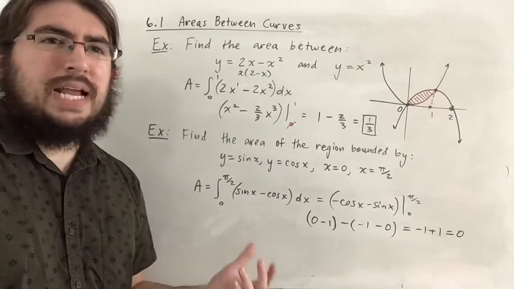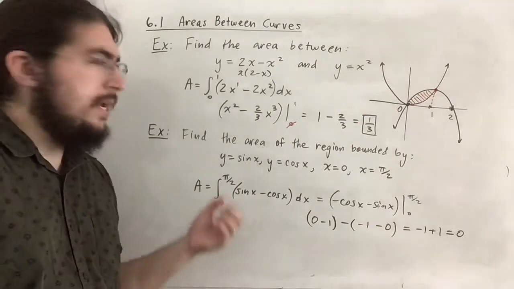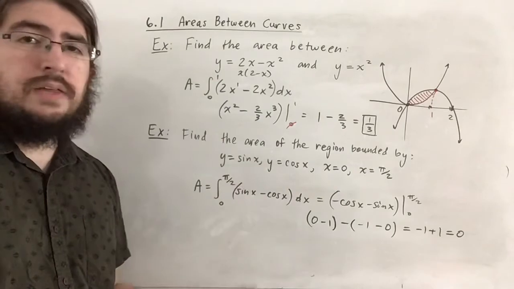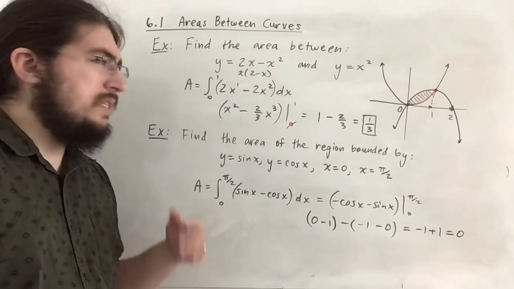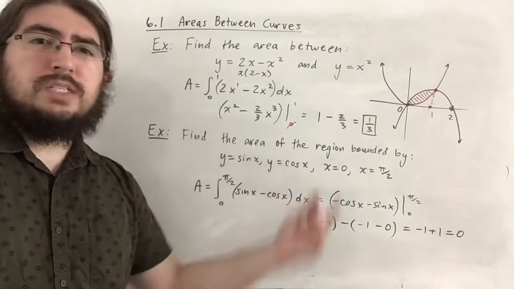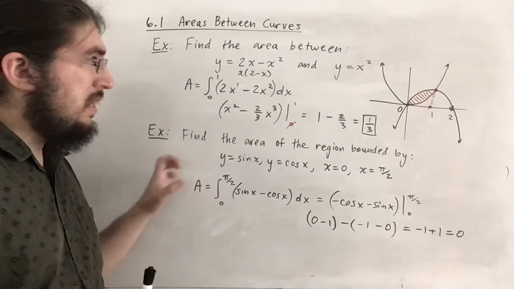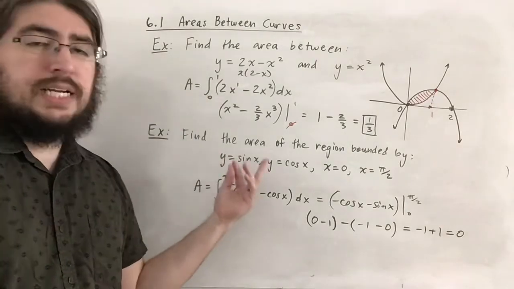But how can there be a negative area involved when I said the area will always be positive? Essentially what's happening here is that one of the functions is on top in one region, so you'll have one minus the other, but then on the bottom in another region in between these two. In other words, there is an intersection point between these two limits that are given to us. So in reality, this method kind of works, but we still have to take the first step, which is finding intersection points.